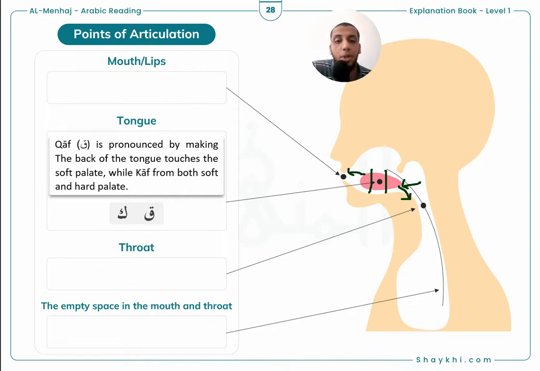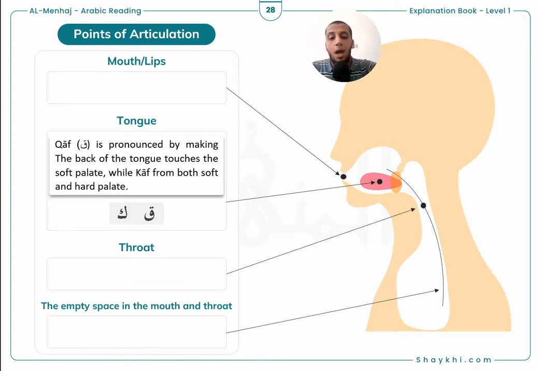The middle is between them. So the back part is what's meant here. We pronounce letters kaf and qaf using the back of the tongue. Now we also want to know what is the soft palate and what is the hard palate.